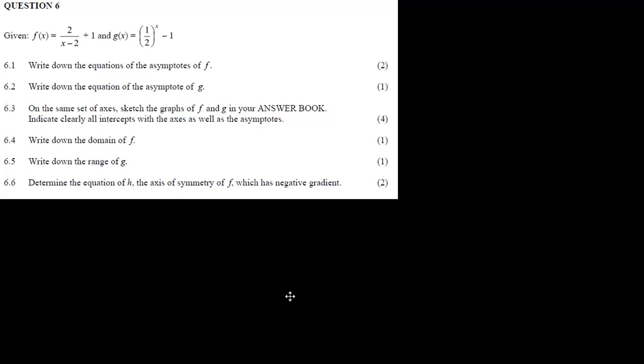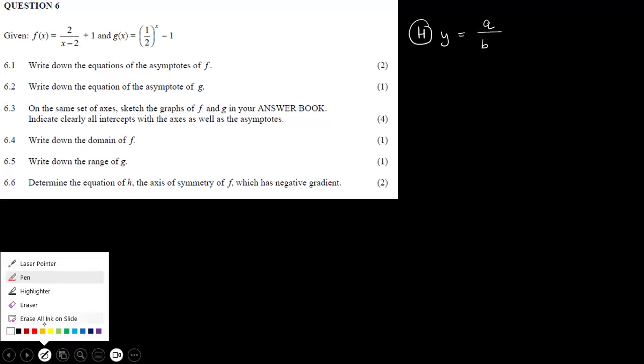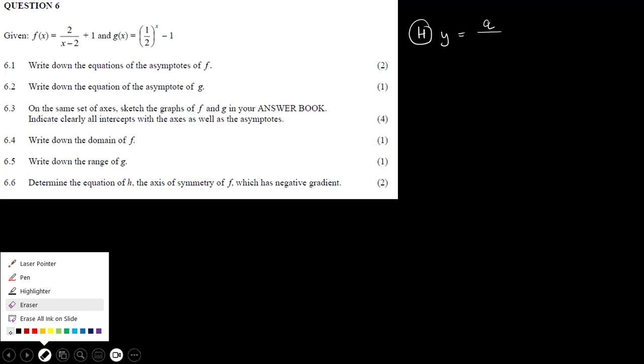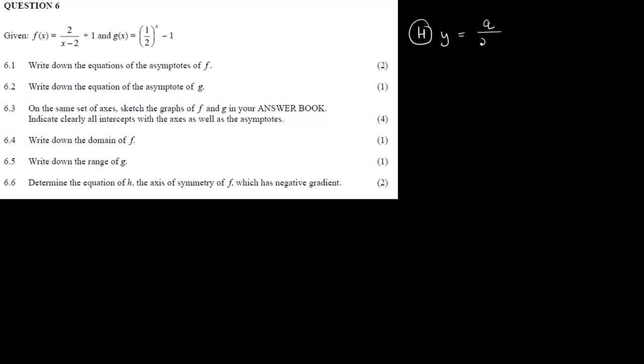Now, for hyperbolic function, I'll just write h. For hyperbolic function, the standard form or the general equation that we use is y equals a over x plus q.